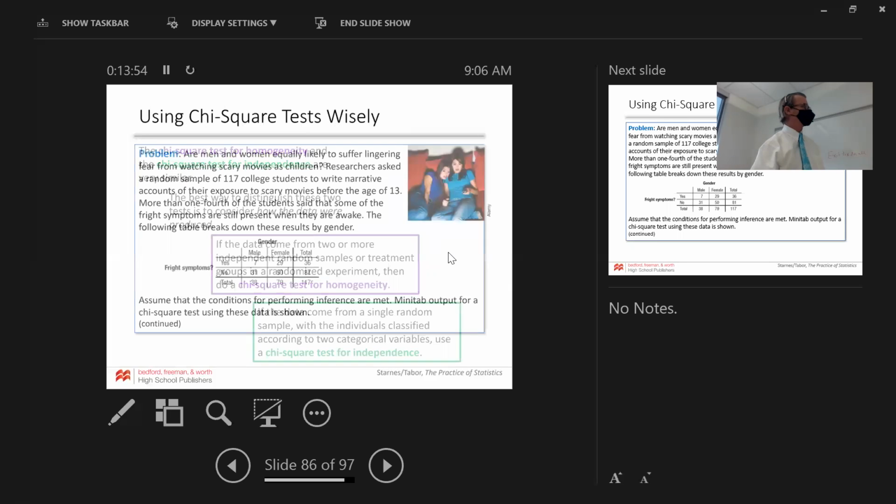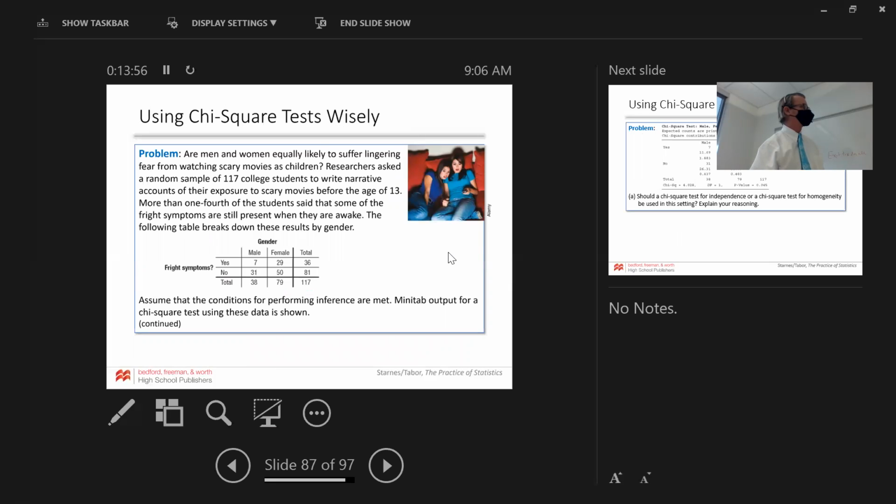I'm not worried about that in the least. I'm not watching scary movies. You got a 2 by 2 matrix, boys and girls. The movie scares them or not. All right, how many degrees of freedom in that problem, Nick? Yes, 1 degree of freedom. You have 2 rows, take away 1 is 1, times 2 columns, take away 1 is 1. 1 times 1 is 1.